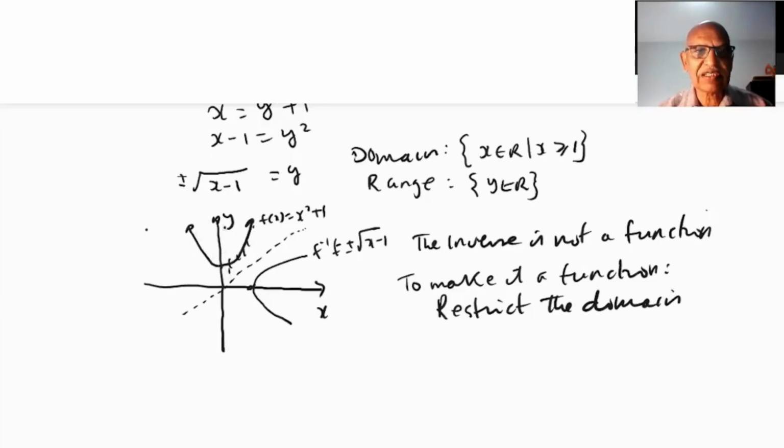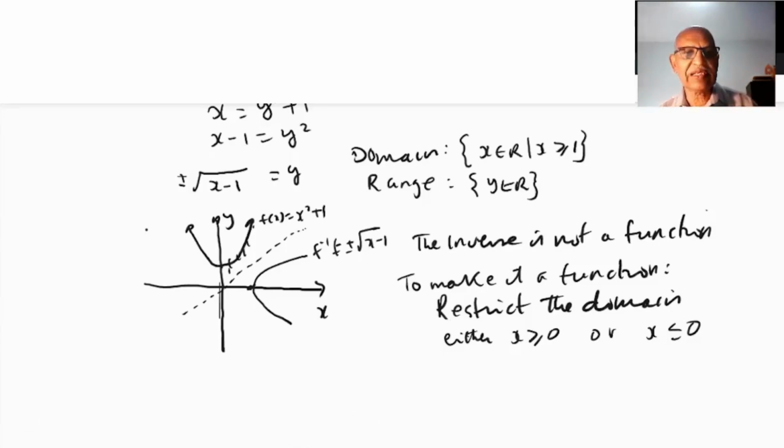The value of x is 0. Therefore I can take only x greater than or equal to 0, or I can take x less than or equal to 0. To make it a function, I take only one of the branches. If I have only one branch, it will be a function. That's what we do to restrict the domain.